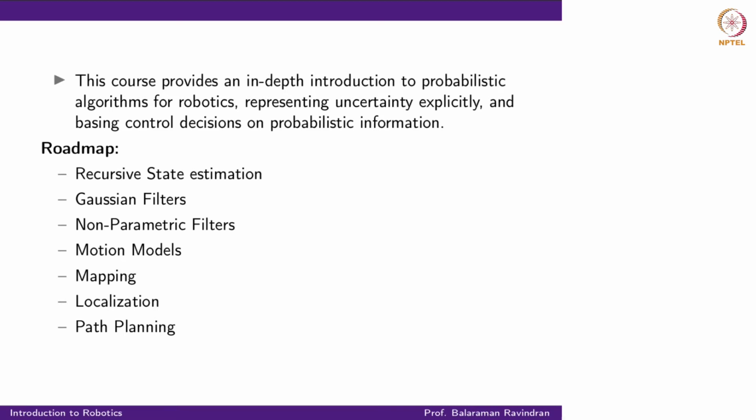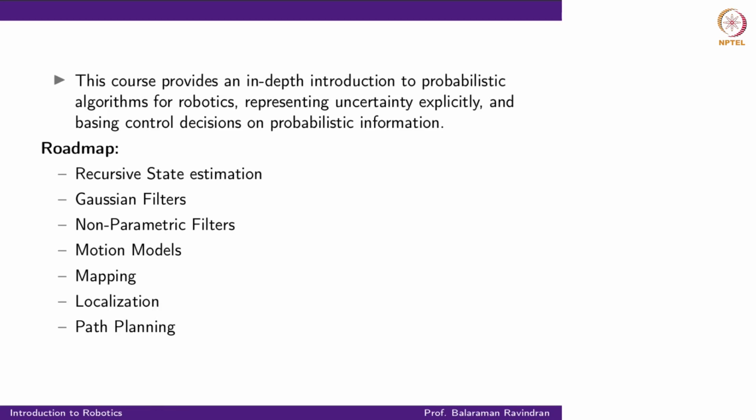And then we'll look at both motion models that model the noise in the motion, as well as sensing models that model the noise in the sensory systems. Again, I'll be looking at very specific examples in both of these, and also try to introduce you to the general principles based on these specific examples.